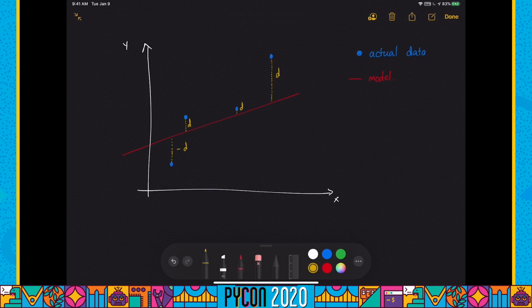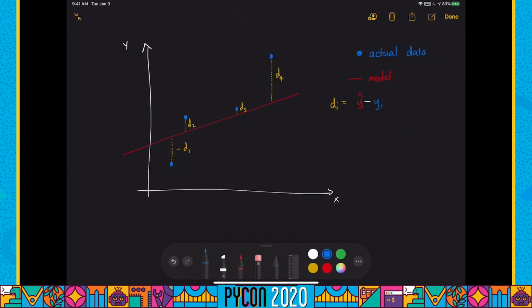Because we have 4 of these in this example, let's label them D1, D2, D3, D4. D is the residual, or the difference. And the difference is taken between the model and the actual data, and it's subscripted by i to indicate each data point.